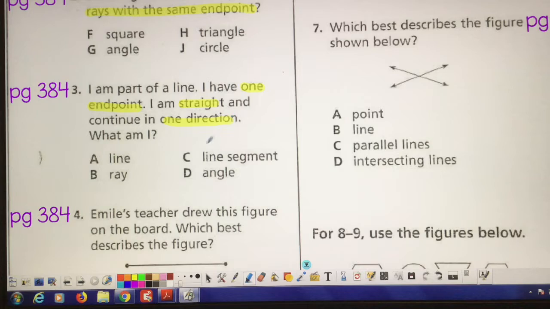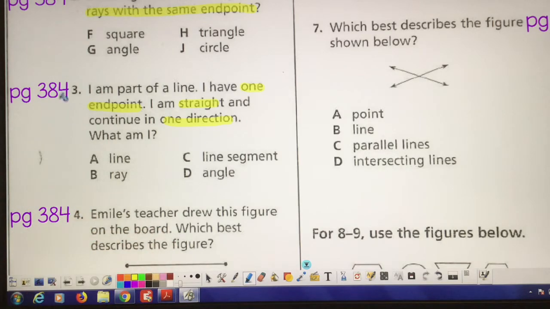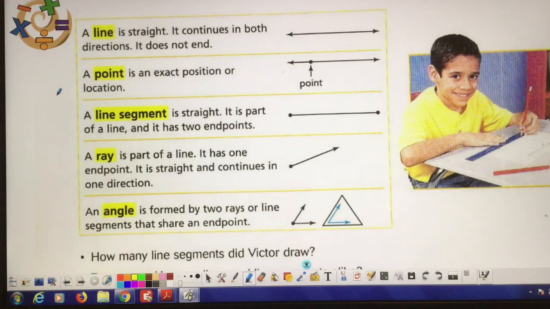So is that a line, ray, line segment, or angle? I'm looking for something that has an endpoint and goes one way. Once again, I'm going to go to the definitions on page 384 to see if I can figure out if it is a line, ray, line segment, or angle.